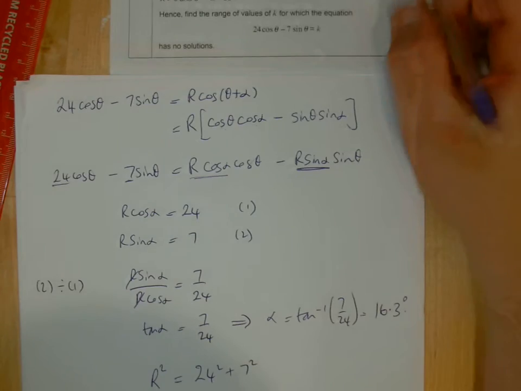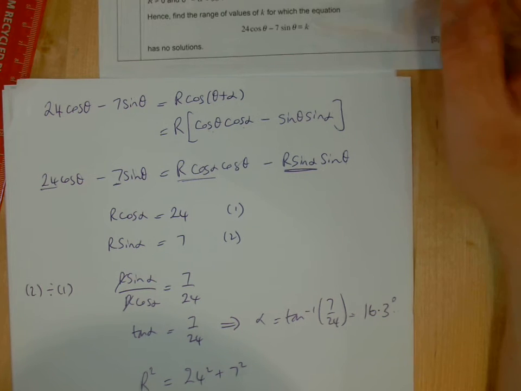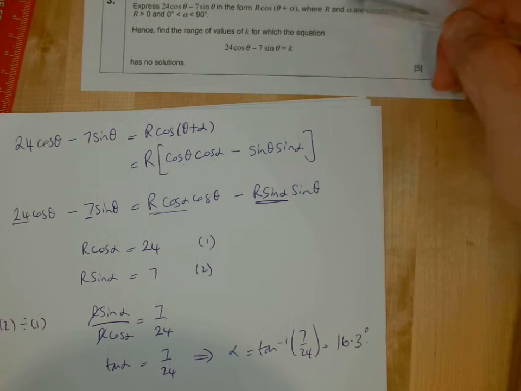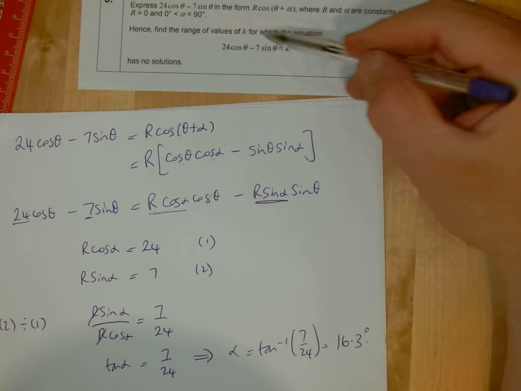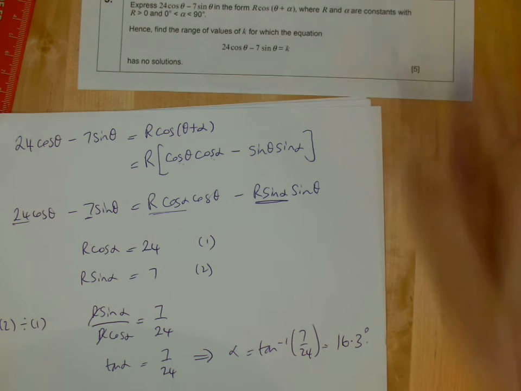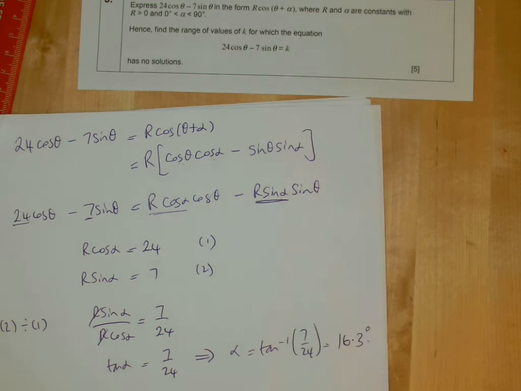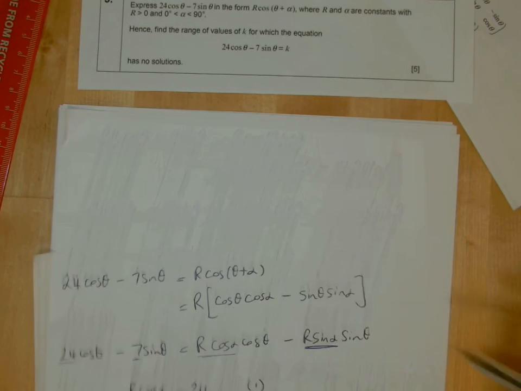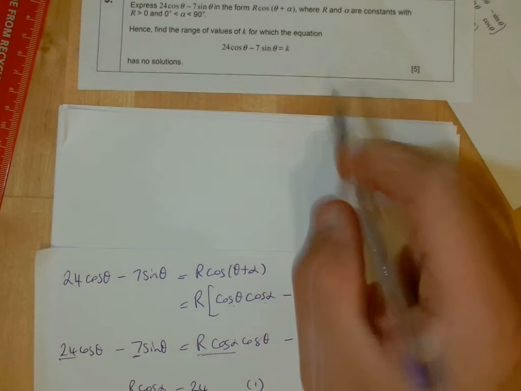At the bottom it says, hence find the range of values of k for which this equation, equal to k, has no solution. So, of course, we can replace this 24 cos theta minus 7 sine theta with our solution we just had.